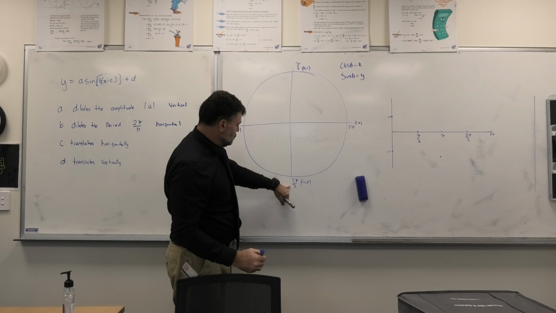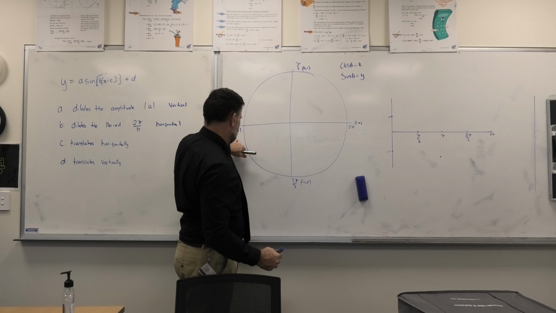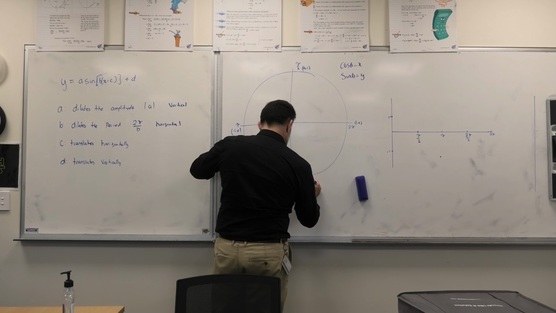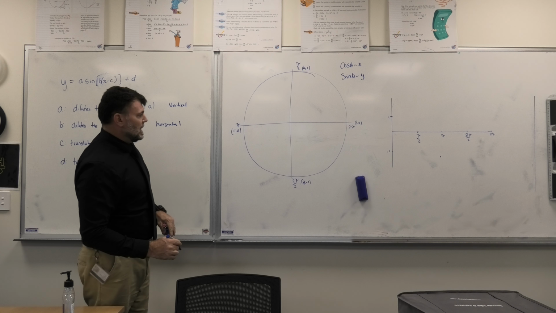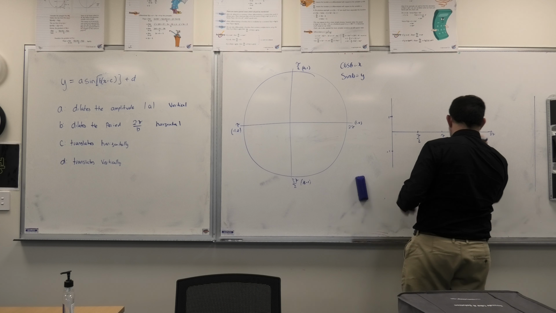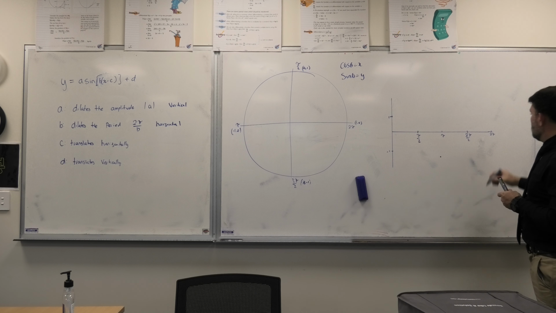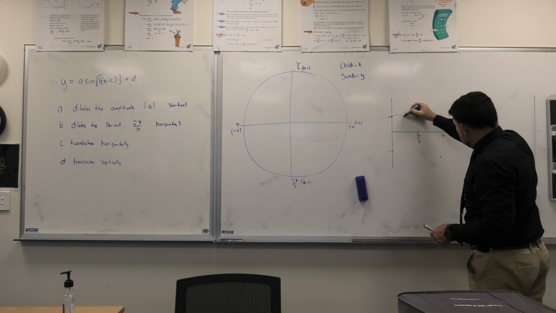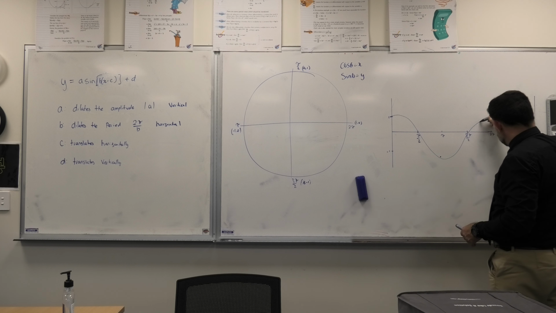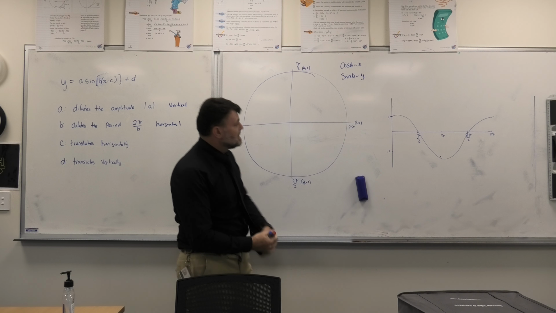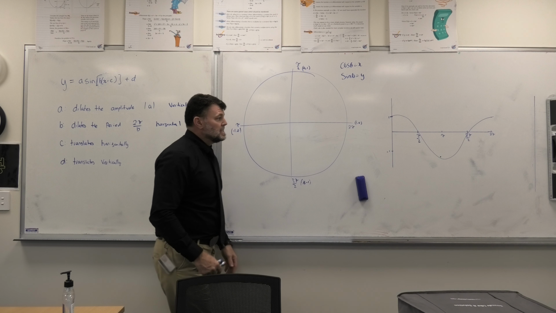At 3 pi on 2, x is 0 again. And then back here again, we get 1. So if we sketch this curve, we get a curve that looks like that.